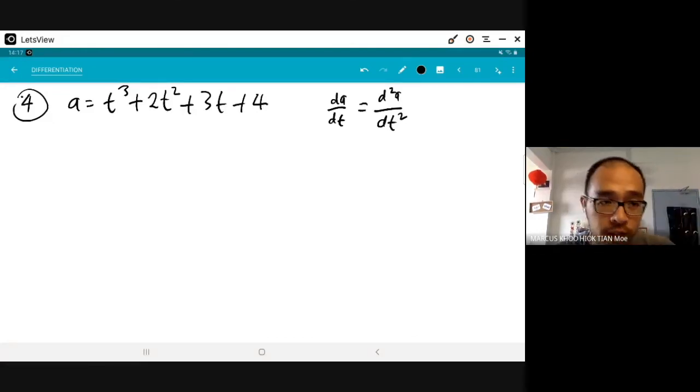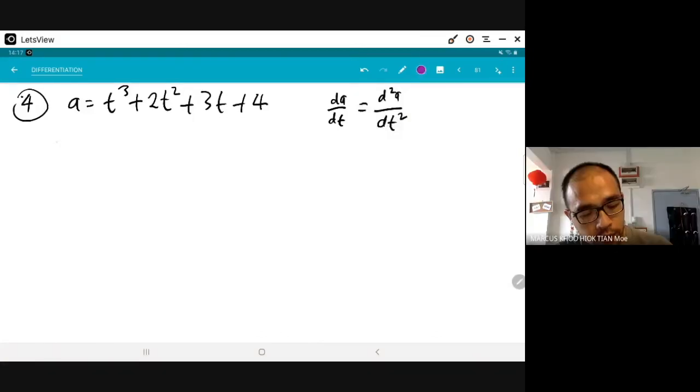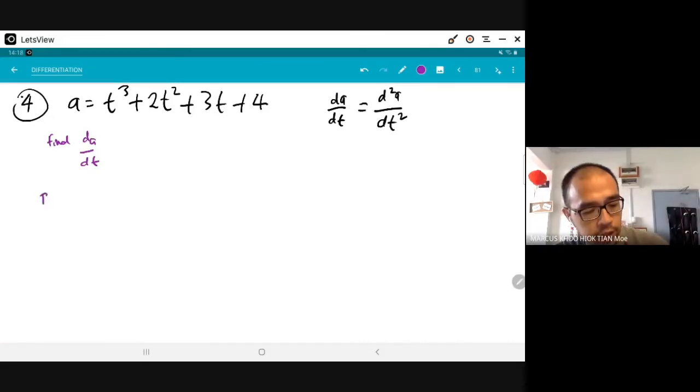Okay. What must we do first? Anybody? Differentiate. Okay, differentiate. So find dA dt. And then? Differentiate lagi sekali. Okay, differentiate lagi sekali.